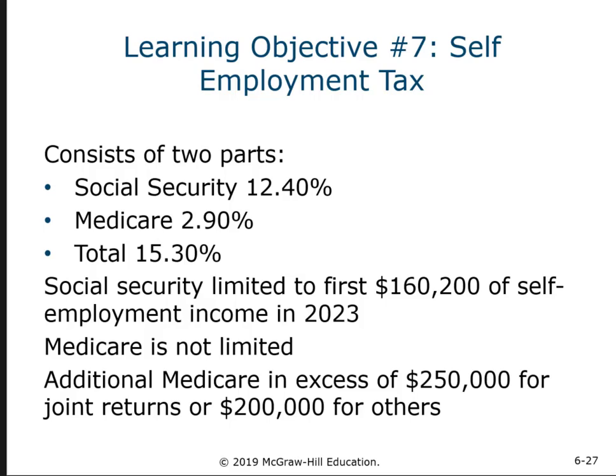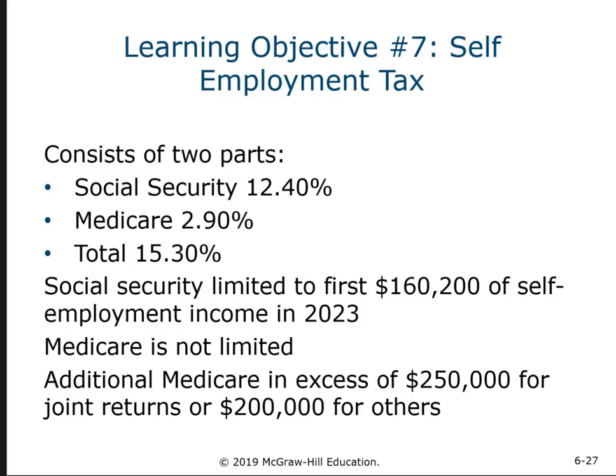And then there's this additional Medicare if your income is over $250,000 for joint or $200,000 for others. All right, you have to take your self-employment income, multiply it by 0.9235, and then multiply it by the 15.3% you see, okay, to calculate the self-employment tax.